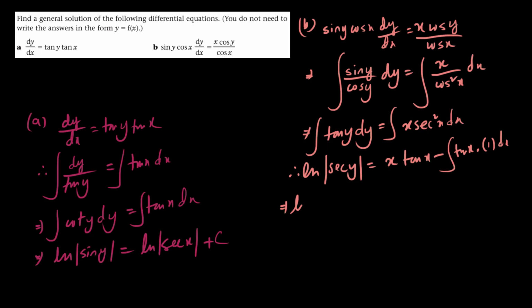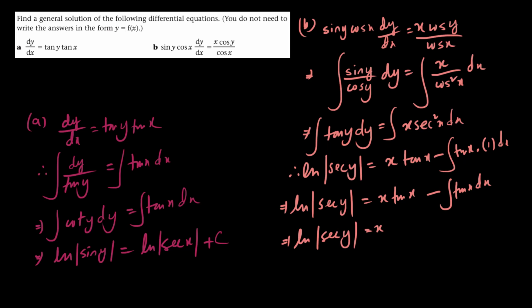So this is going to be ln sec y equals x tan x minus the integration of tan x dx, so ln of sec y equals x tan x minus ln of sec x plus c.